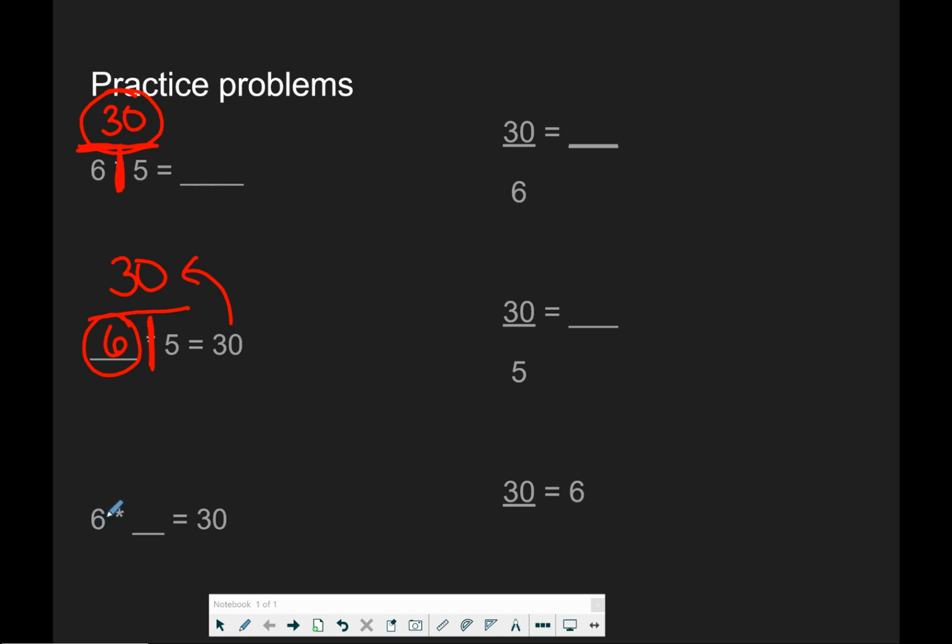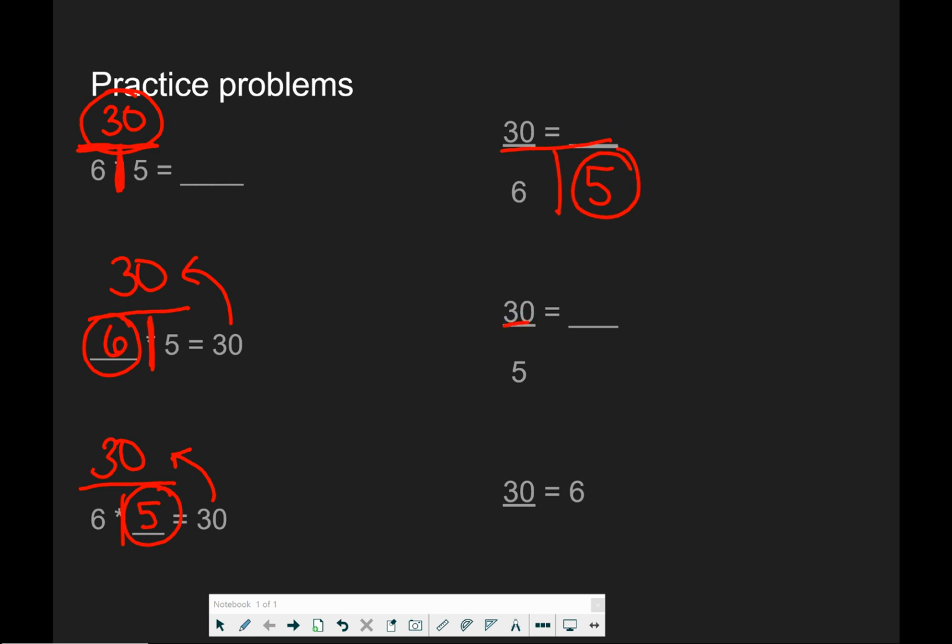Again, 6 times blank equals 30. We know the answer is 5 because we've done this problem already twice. This 30 goes up here. That goes right there. 30 divided by 6 is 5. Now on this one, we've got 30 divided by 6 equals 5.